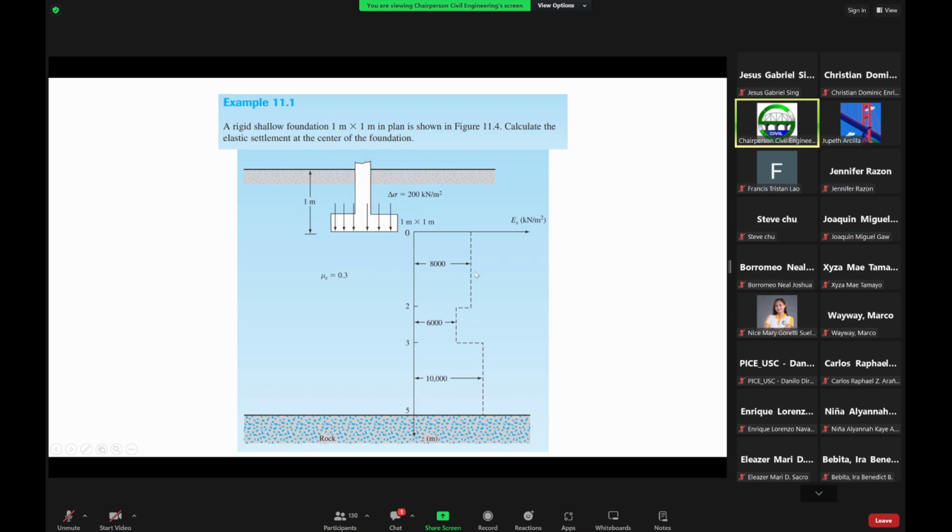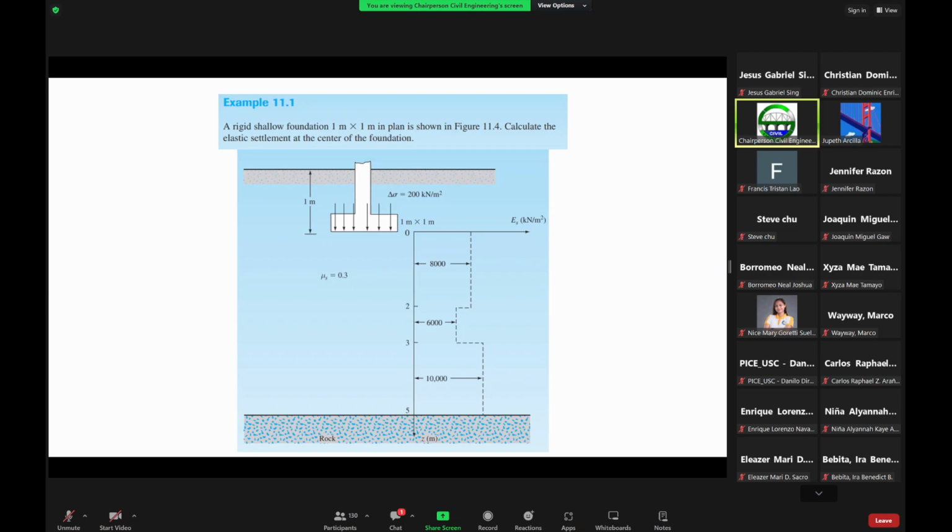The elastic modulus is quite different from 1 to 2 meters, which is about 8,000 kilopascals. From 2 to 3 meters, the elastic modulus is about 6,000 kilopascals, that's kilonewtons per square meter. And from 3 to 5 meters, the elastic modulus is 10,000 kilopascals.